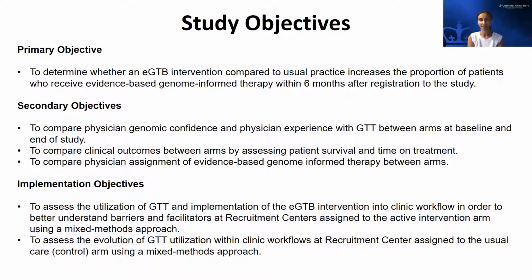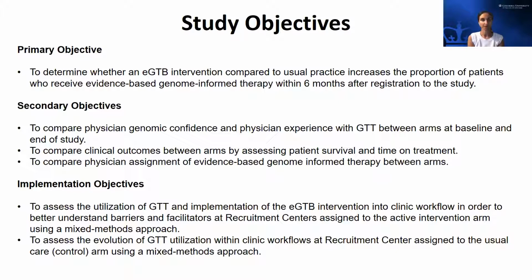And as we're writing the protocol, there have been some very minor changes to this, but this gets the general idea across. Again, the primary objective is to look at the receipt of evidence-based genome-informed therapy at 6 months after registration.